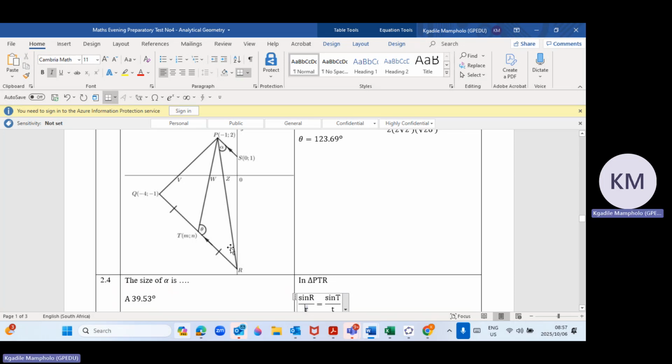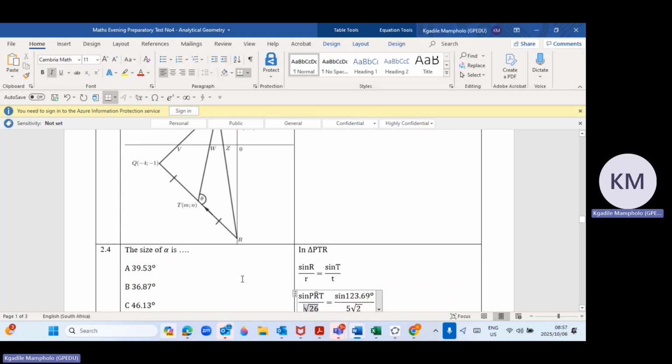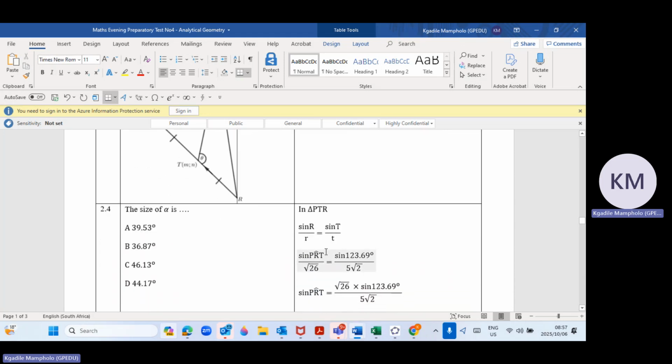You say, because you want this angle, sine of R over PT is equal to sine of theta, which we know as 123,69, over PR. You know how to apply sine rule. That is why sine of R, which is this angle, equals the length of PT, which is root 26, is equal to sine of 123,69, which we calculated in 2.3, over PR, and PR is 5 root 2.